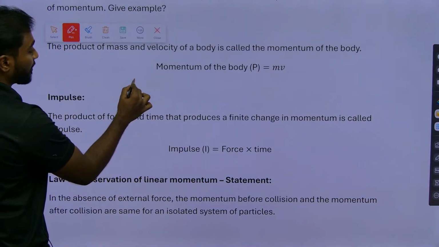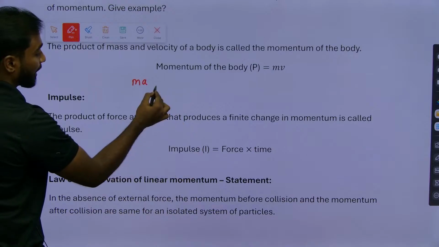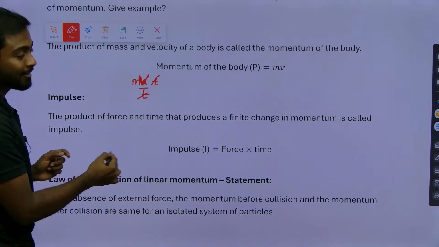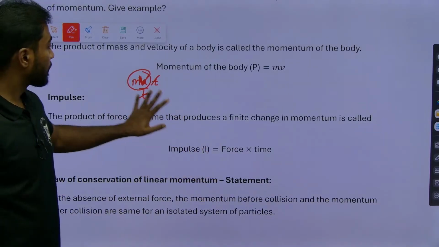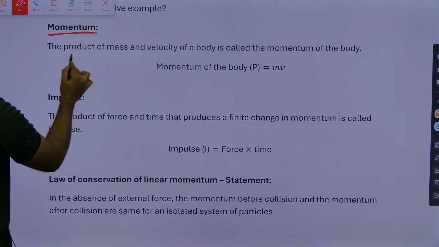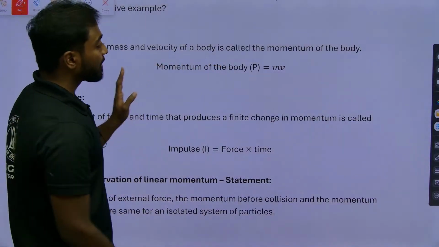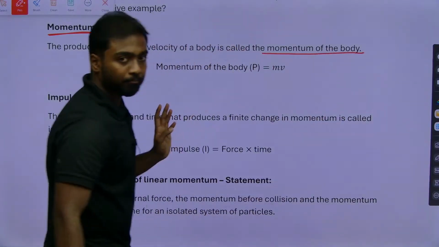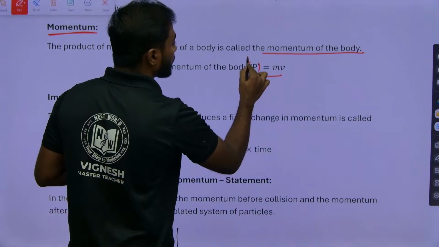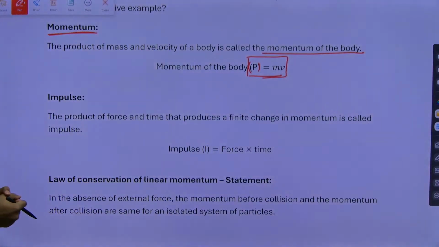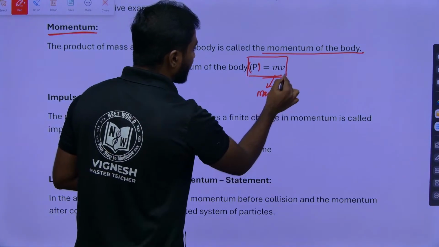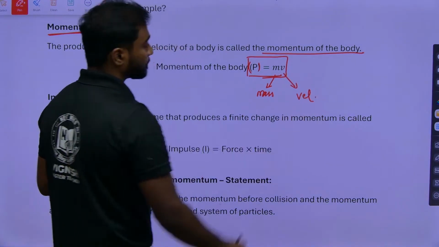Force is mass into acceleration, and acceleration is velocity by time, so time will get cancelled and it is mass into velocity. So P is equal to m into v, where m is mass and v is velocity.